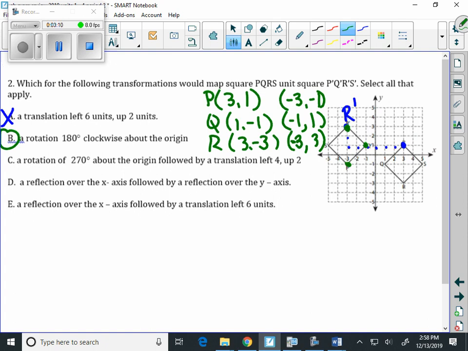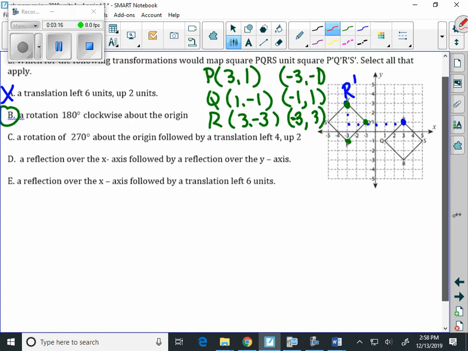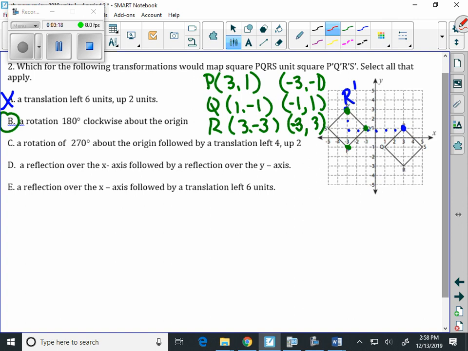And now we'll go to letter C, which is the rotation of 270 degrees about the origin, and then it's got a second translation of left 4 and up 2. So we can still start here with our P value of 3, 1. We just had that.